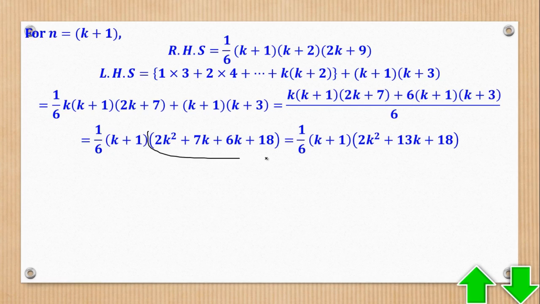Then what is left is the whole of this, which is k times this to give you this, k times this to give you that. Then here you have k times this to give you this, and 6 times this, and also 6 times this to give you 18. Okay, then you shall collect like terms to come up with that.